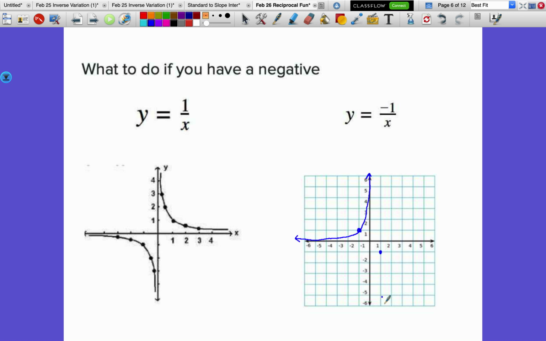Graph spikes up to infinity, reappears at -infinity. So we could say it fills in opposite corners.